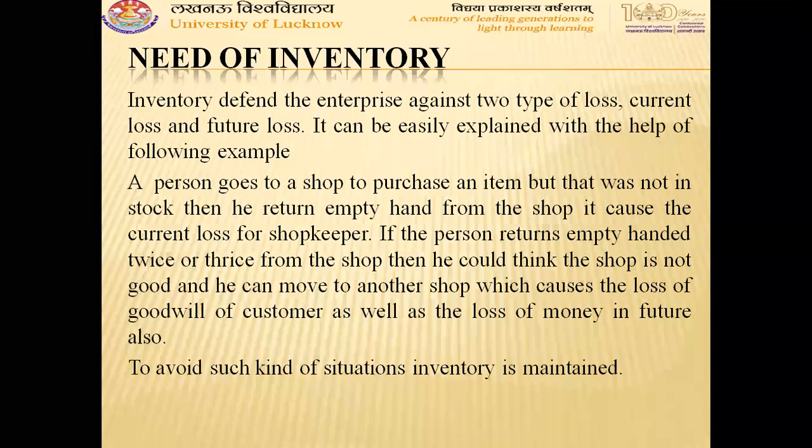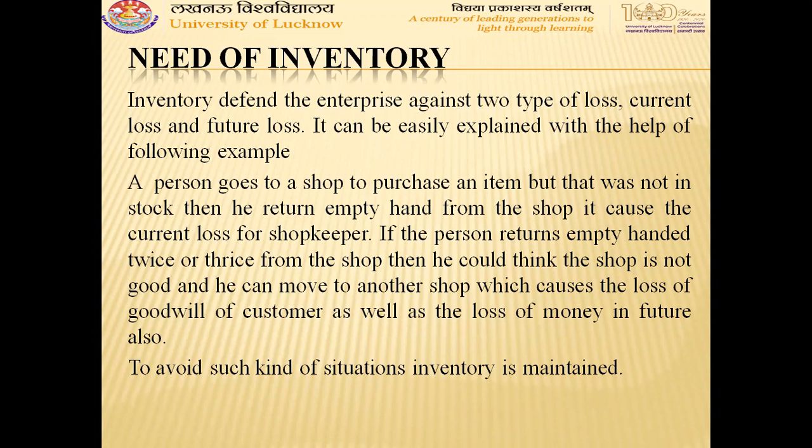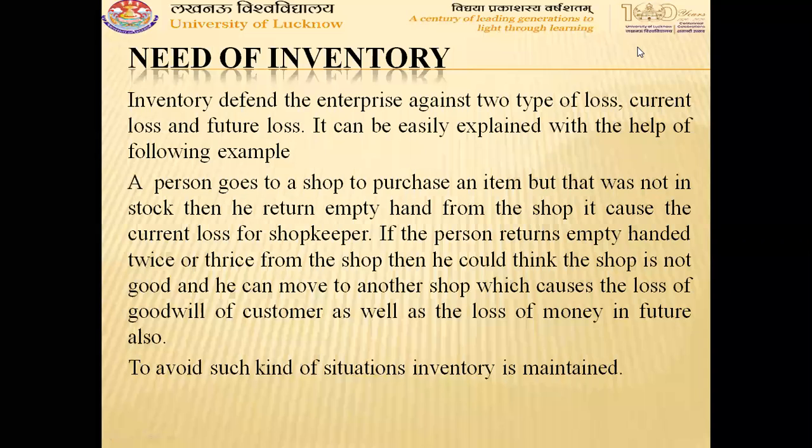If a person returns empty handed twice or thrice, then he could think that the shop is not good and he can move to another shop, which causes loss of goodwill of the customer as well as loss of money in the future. To avoid such situations, inventory is maintained.